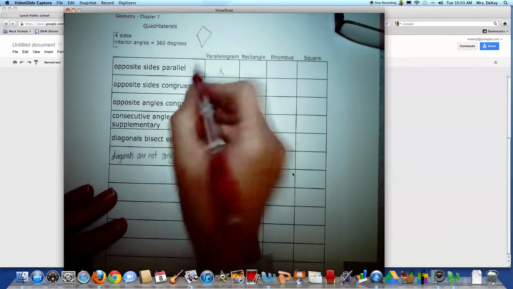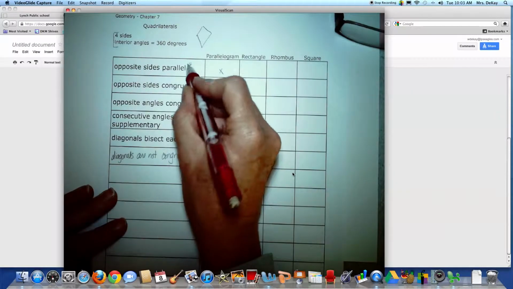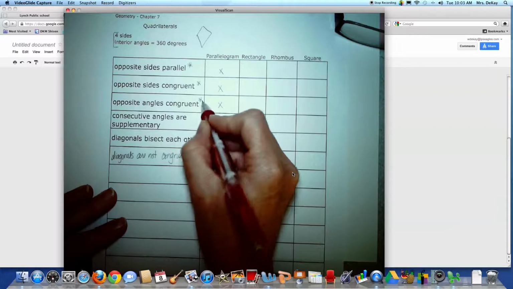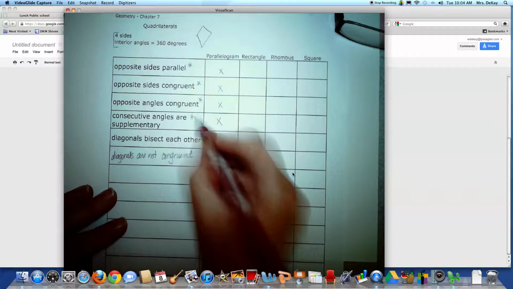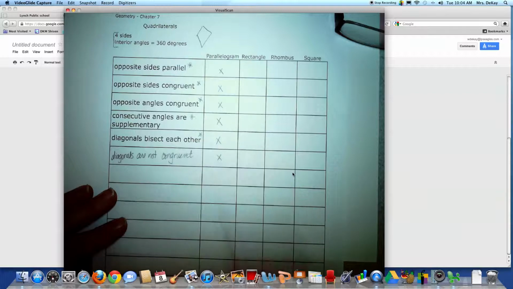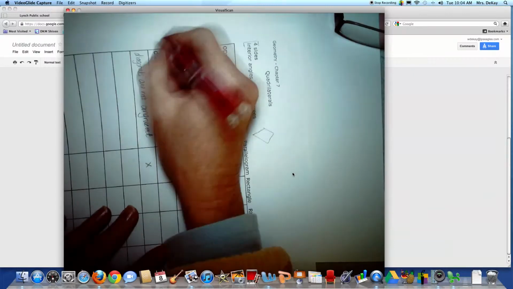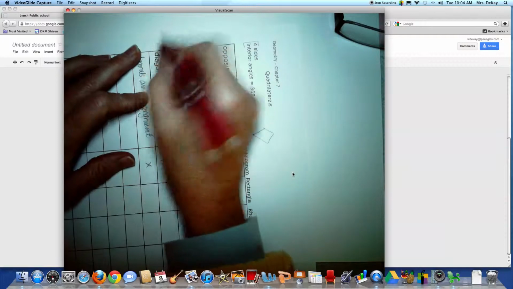So what I'm going to do is star these few things. These things that I already printed, I'm going to star. And then over here, I'm going to make myself a note. How do I want to say this?